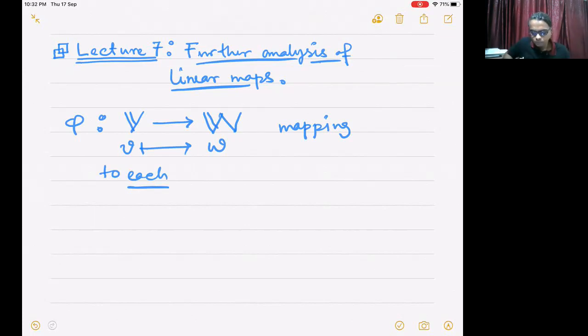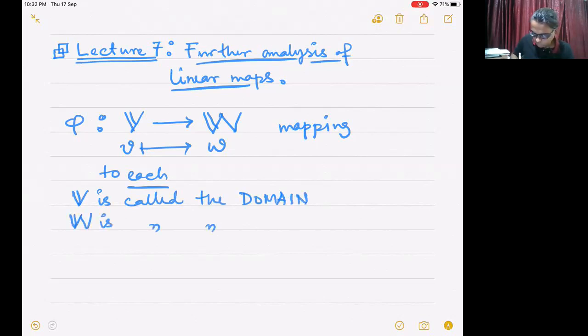Now, this V is called the domain of the map, and of course, W is called the codomain of the map. Remember that for every V, there is one W, but there is no reason why different V's should go to different W's.